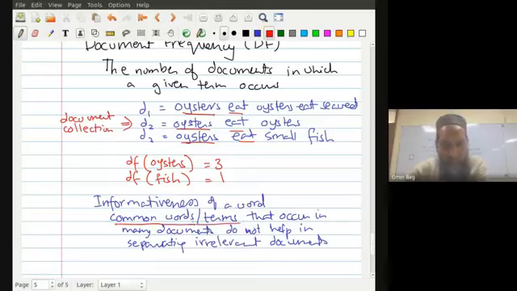So these common words and terms should be weighted less.